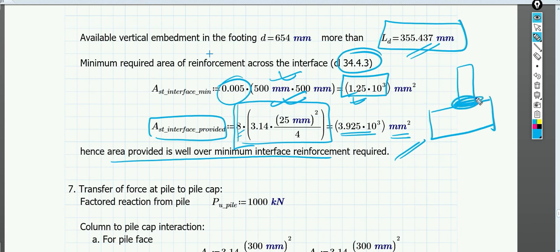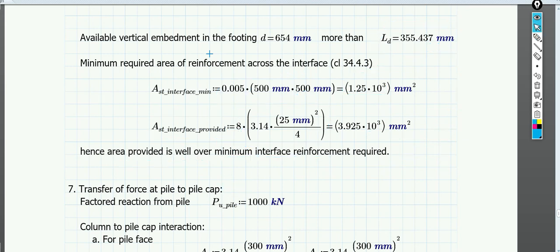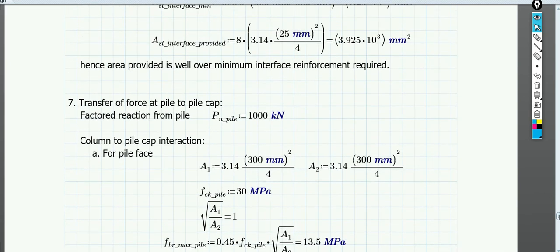This face is taken care of, but we also have to check the pile and pile cap face. So let's see that in point 7. Let's find out for the face of pile as well as pile cap. It is similar to that of the column and the pile cap.